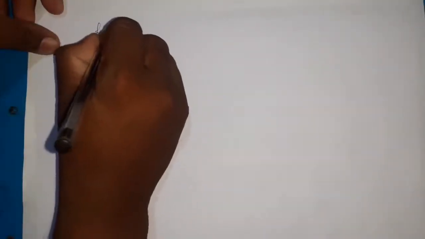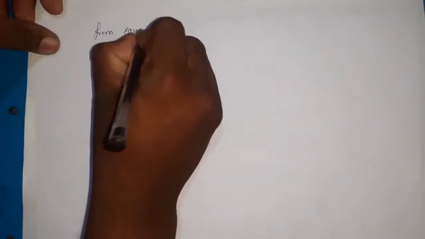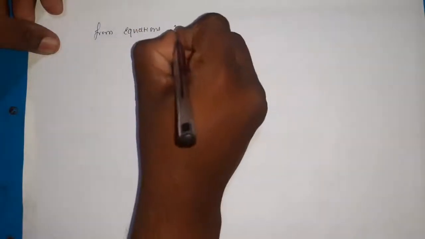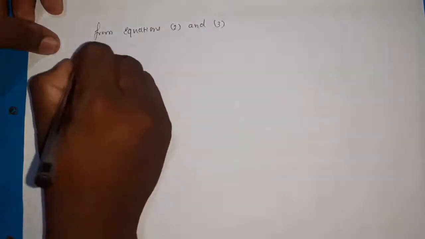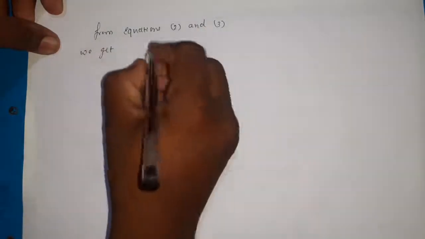From equations 2 and 3 we get, equation 2 is giving the expression for f dash of z, and the third equation is also giving the same expression.